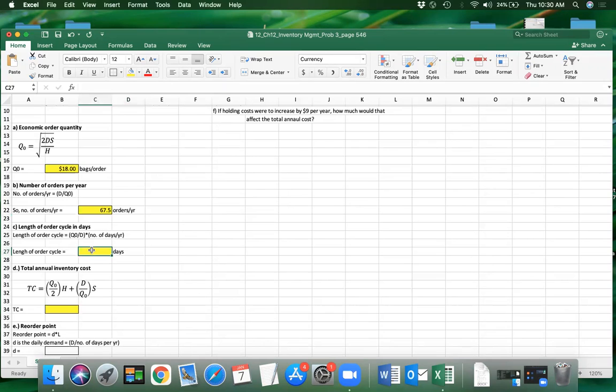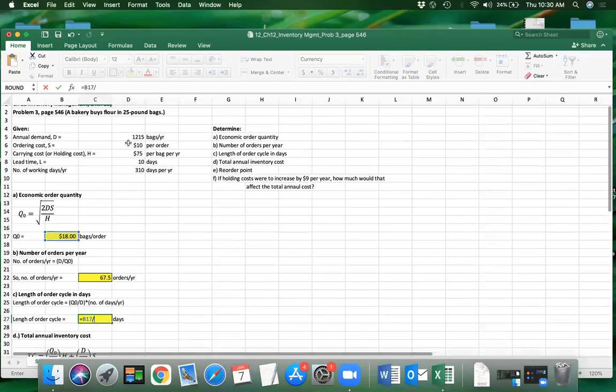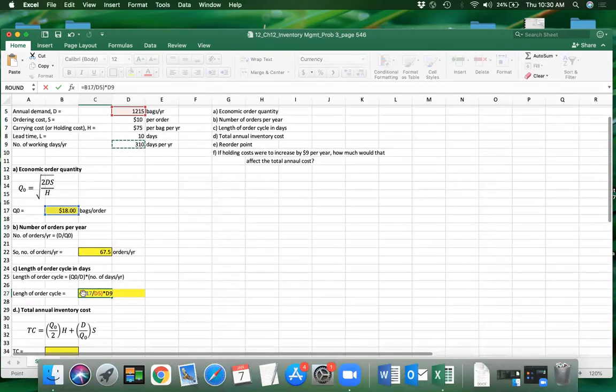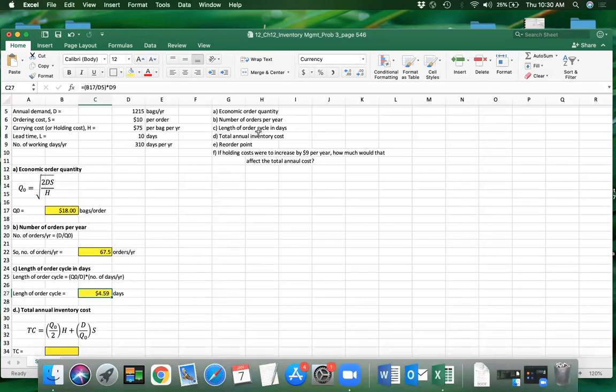So here it equals the economic order quantity divided by annual demand times my number of working days. Make sure I provide the opening parenthesis as well, and this is again not a dollar amount, this is a general number. And obviously, it's giving me too many decimals, so I can use the round function.